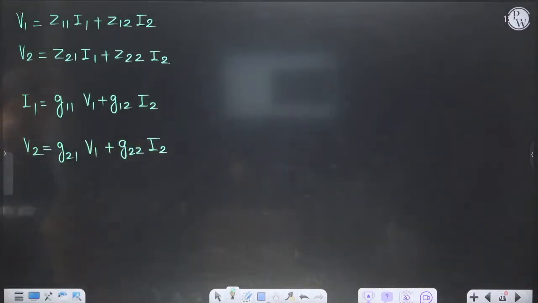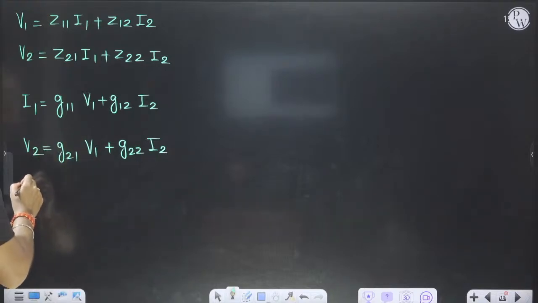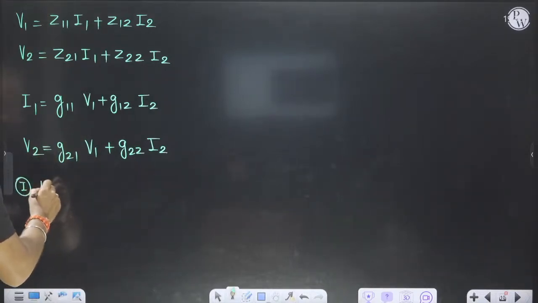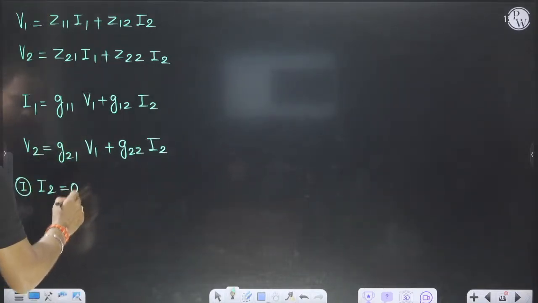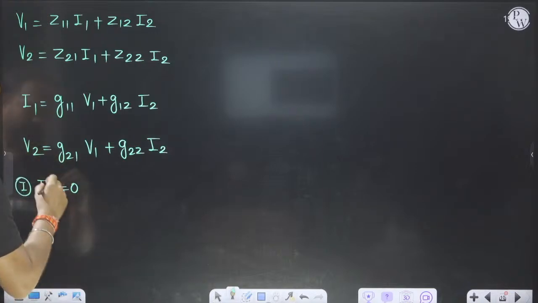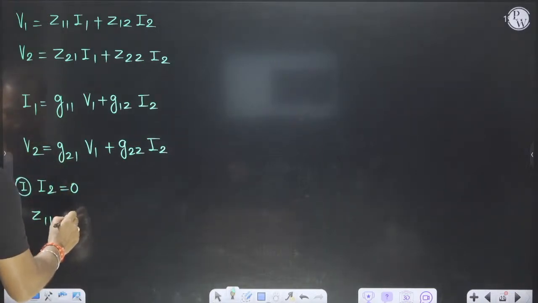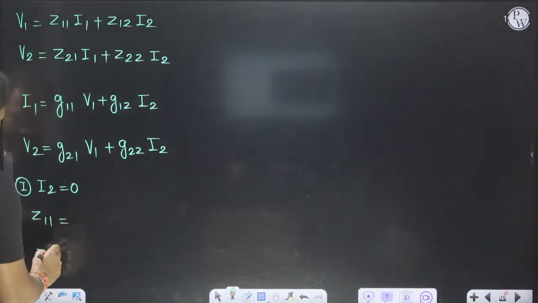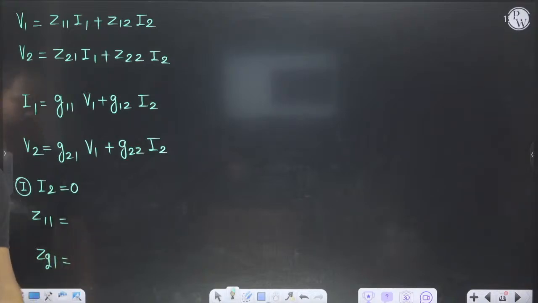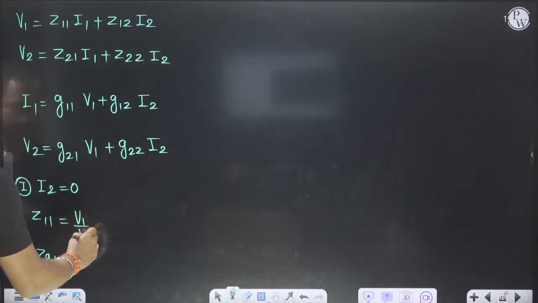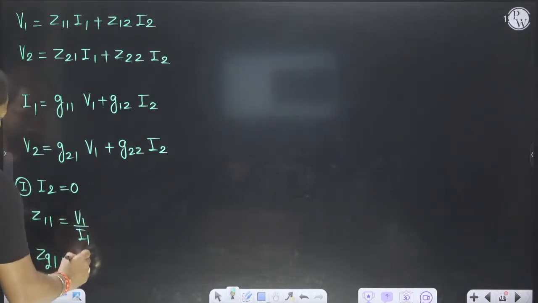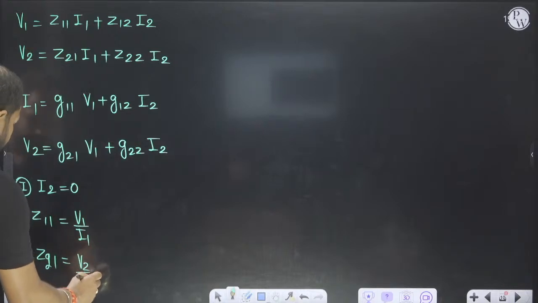Yes sir. Then I will make I2 equal to 0 and try to find Z11 and Z21. Z11 is V1 by I1 and Z21 will be equal to V2 by I1.